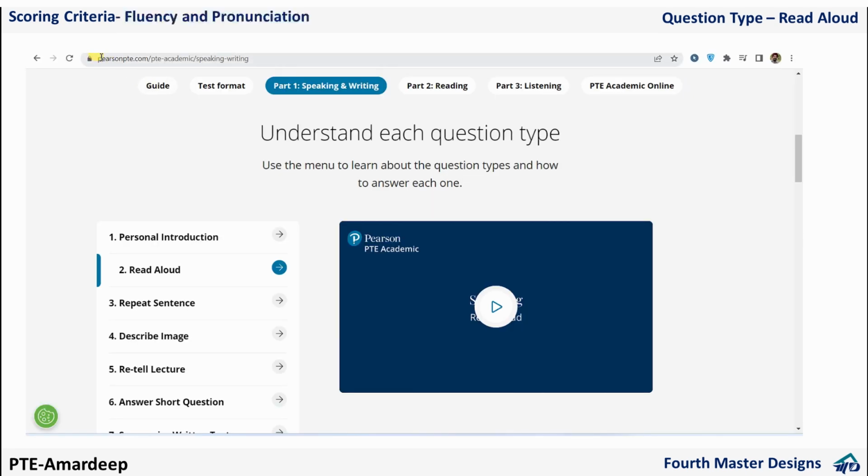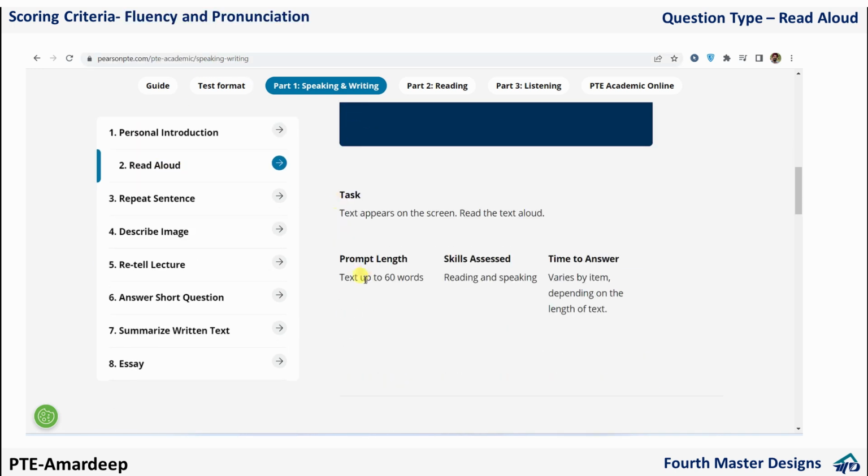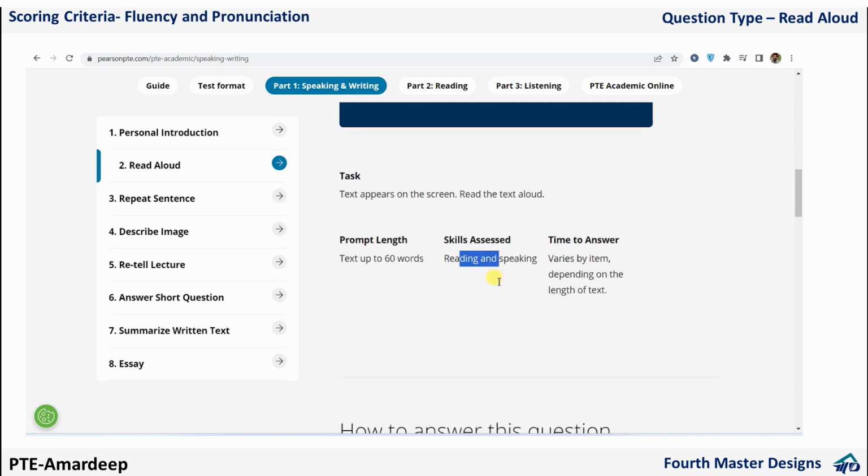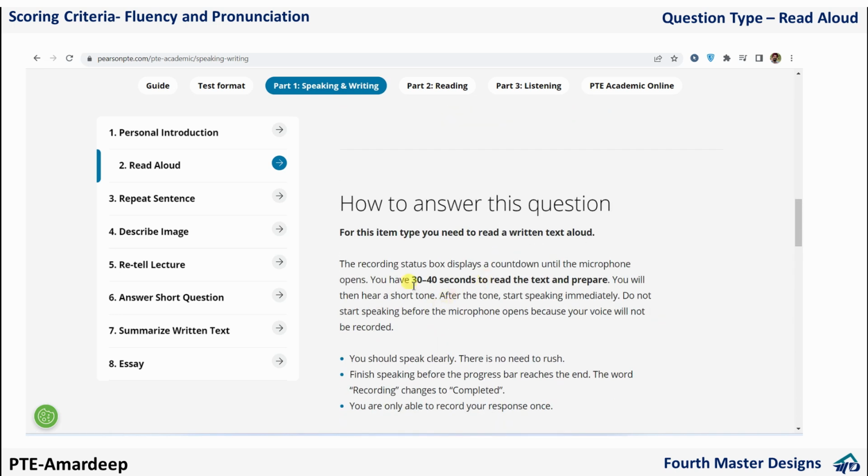So this is the official website, Pearson PTE Academic, speaking and writing. And if you go to Read Aloud, you can see the prompt length is up to 60 words, and the time to answer again depends, 30 to 40 seconds, as I said.